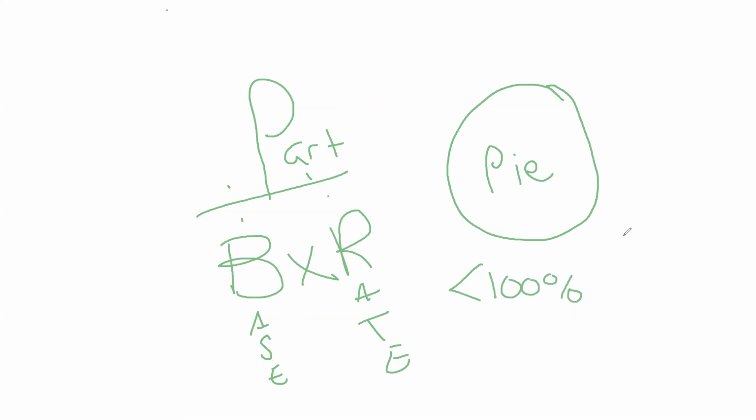They're questions where they're taking out a 5% rate, a 6% rate, a 7% rate, maybe 15%. In all of those, the rate is smaller than 100%, which means the base, the size of the entire pie, is going to be bigger than the part.